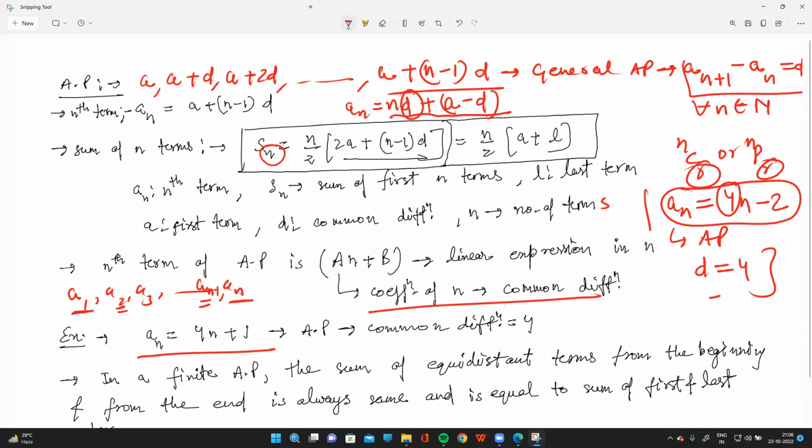Right. Now third term from the starting and third term from the last will be A3 and AN minus 2. Right. So what we are saying is that the sum of equidistant terms from the beginning and from the end is always the same and is equal to the sum of first and last term. Let's understand this thing.